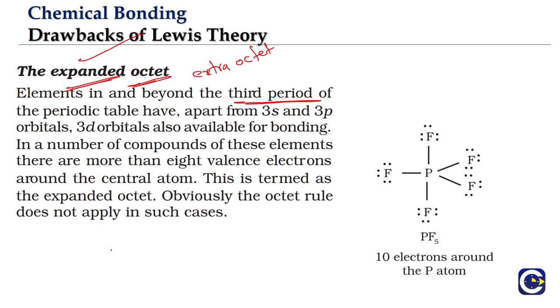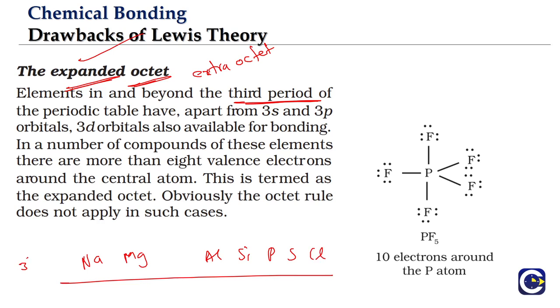So what are the third period elements? Sodium, then magnesium, aluminum, silicon, phosphorus, sulfur, chlorine. This is the third period, and we mean third period and beyond, including the third period.